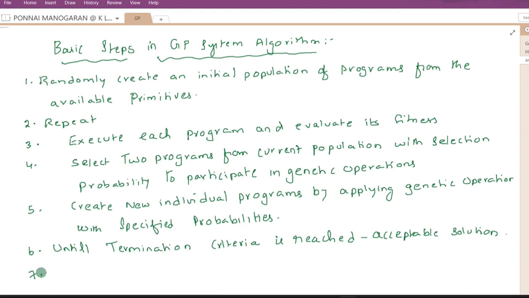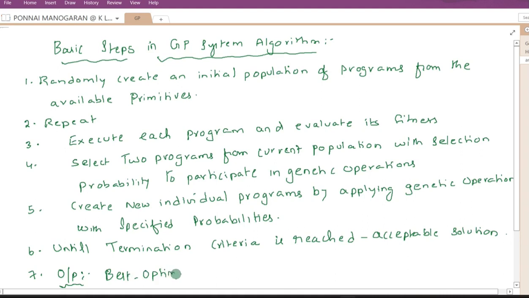We will see how crossover and mutation are performed in genetic programming. Once you reach the termination criteria, you can stop the process. Therefore you will get the output as the best solution, the best optimum program.